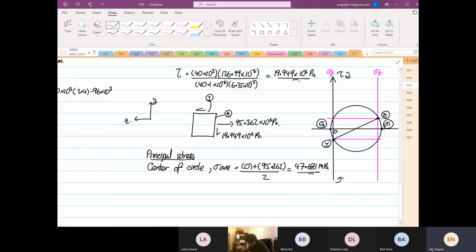And then you find the radius of the circle, which is your tau max.